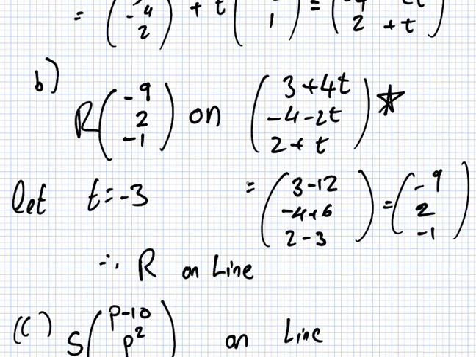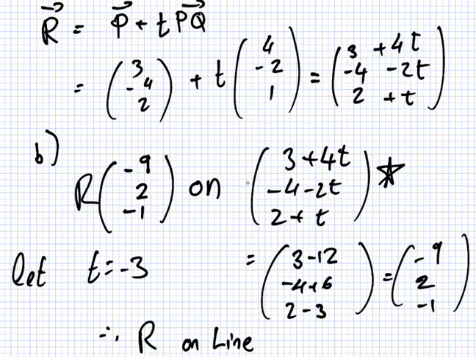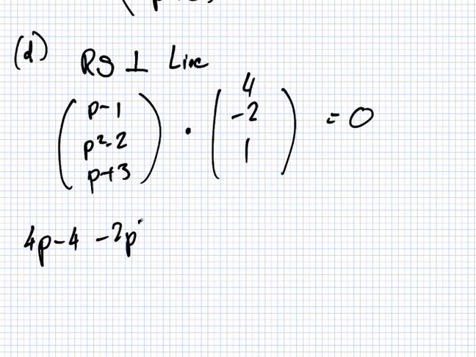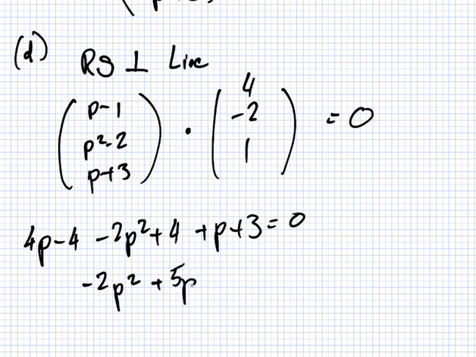So, p minus 9, 2, minus 1 dotted with 4, minus 2, 1. Yes. So now you have 4p minus 4 minus 2p squared plus 4 plus p plus 3 equals 0. Minus 2p squared, 4p, 5p plus 7 equals 0. Sorry, 2p squared.